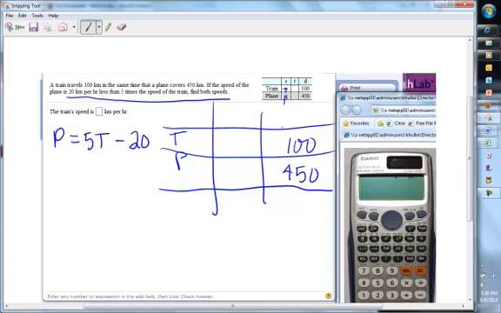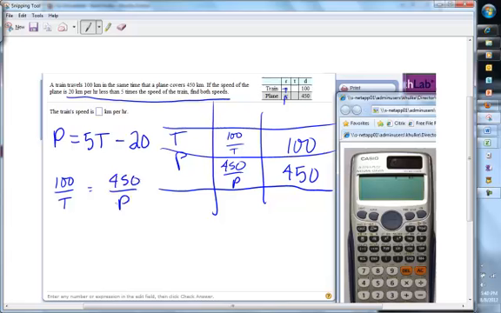we could say, let's fill in this column. This column will be 100 over t, and this column will be 450 over p. These two are equal, so 100 over t equals 450 over p.